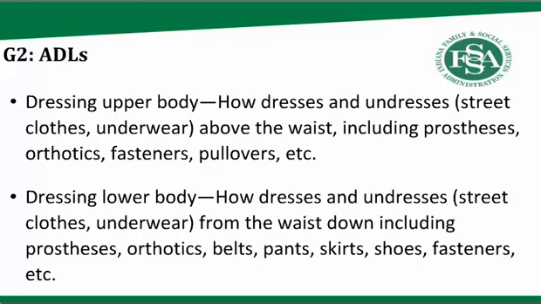And if they're in hospital, whatever is the type of clothing that they would wear throughout the day. If it's street clothes, that's great. If it's a Johnny shirt, then you would include that. So whatever makes sense for the environment that they're in, particularly in hospital. This also includes prostheses, orthotics, fasteners, pullovers, those types of things. And for dressing lower body, it's dressing below the waist, including those same items, prostheses, orthotics, street clothes, underwear, and again, Johnny shirts. Shoes are also included.